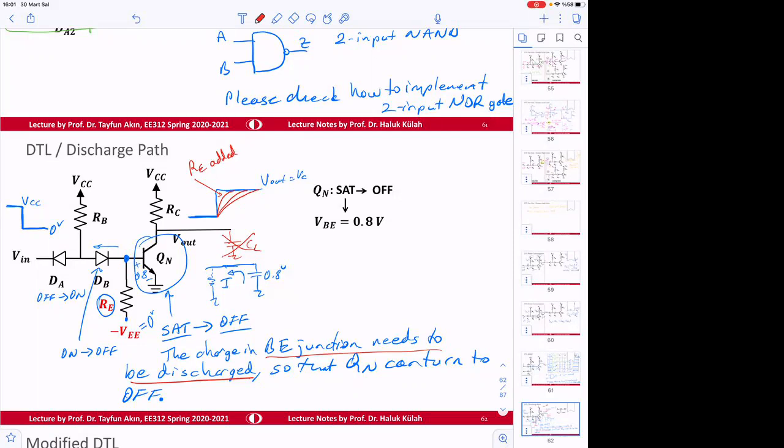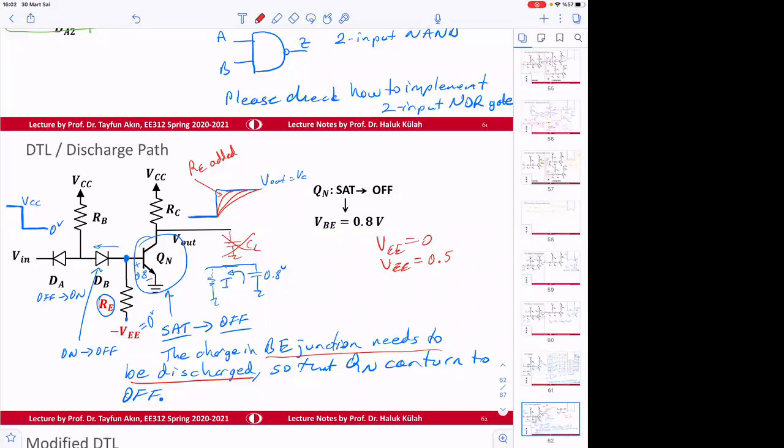So this is something that we need to pay attention to. VEE can be either 0 or, if you want to use another supply voltage to make it faster, maybe minus 0.5 volt or something.